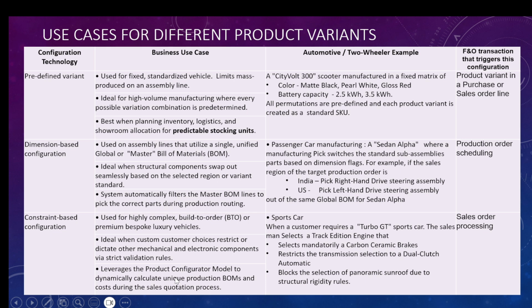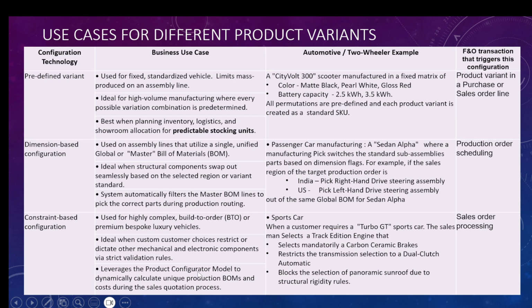We need to use a product configurator model to dynamically calculate the production BOMs and costs during the sales process. Okay, so here this is where a new feature comes into play, the product configuration model. Product configurator model, this has to be created before we start using a constraint based configuration.